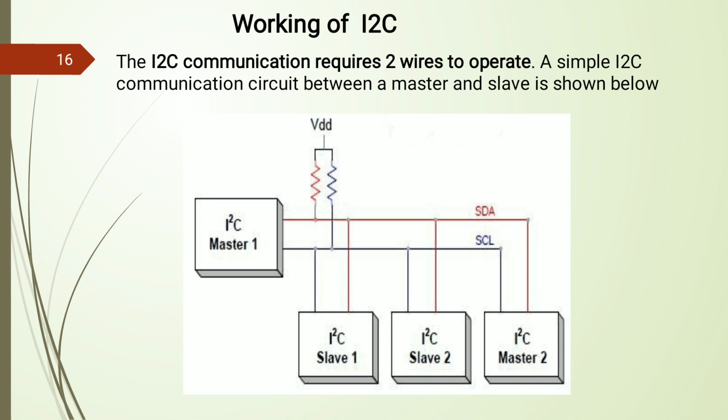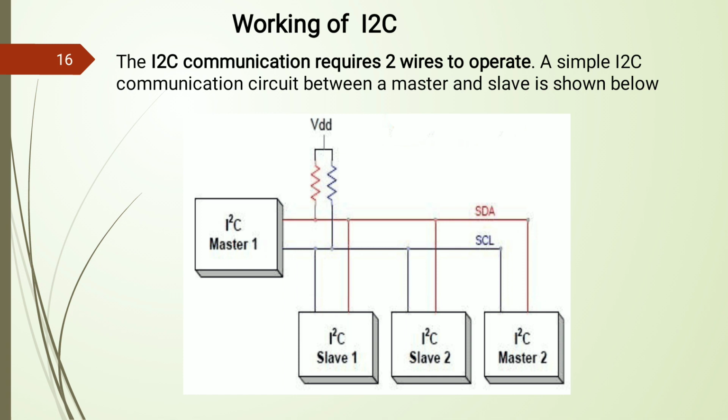For I2C communication, two resistors need to be connected between the SDA and SCL lines and the VDD or supply connection. Mostly these resistor values are around 120 ohms for terminating and providing additional supply.